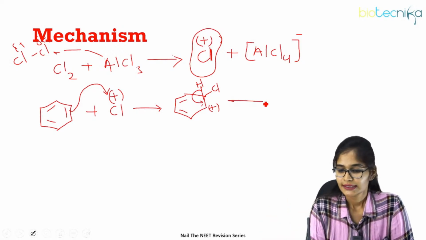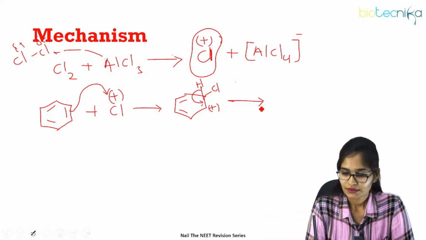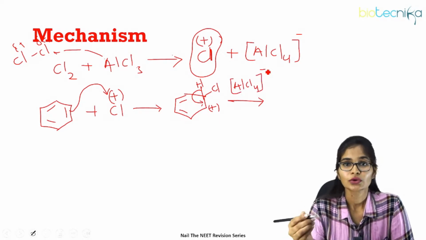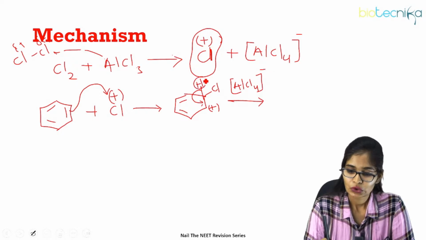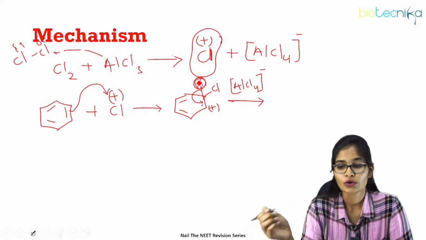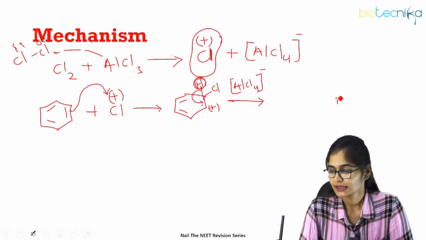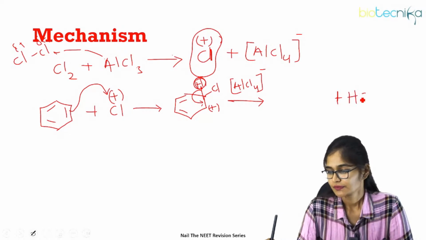Here AlCl4 minus will be attacking. It will release one of the chlorines, and that chlorine will grab this proton, and it will go out as HCl. So I will write it here as HCl, and you have got AlCl3 as it is.